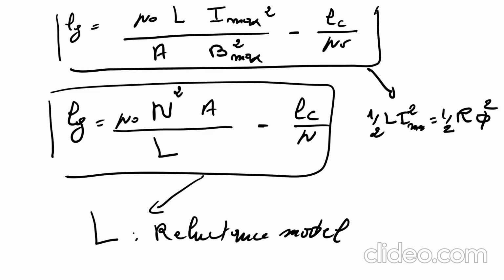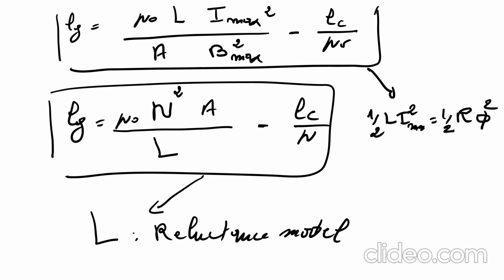As I have said, there are different expressions to calculate the air gap. Among these expressions, I have chosen these two, which I have found written in most of the books and the technical documents of the vendors of magnetics. The first expression is a function of these variables, as you can see there.